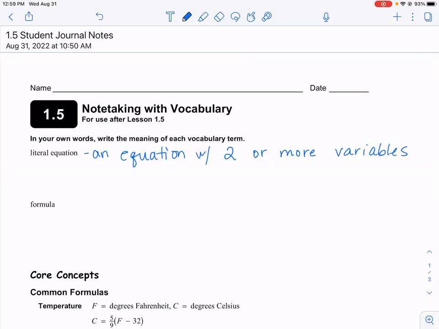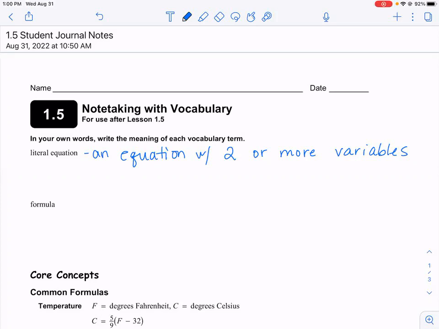Okay, so instead of just having an equation with x and we solve for x, or y and we solve for y, we have an equation with maybe an x and a y, maybe a z thrown in there, maybe a b and an h, who knows? Okay, so there's going to be more than one variable.